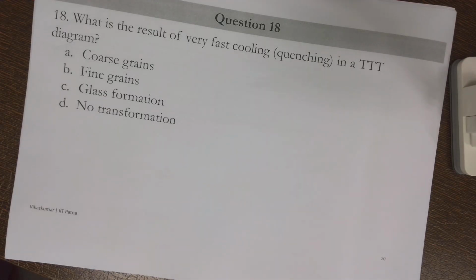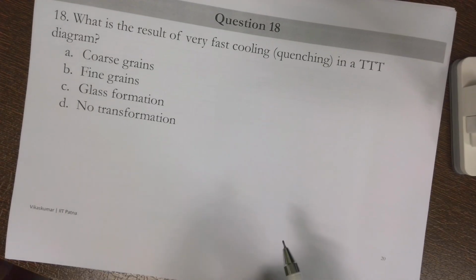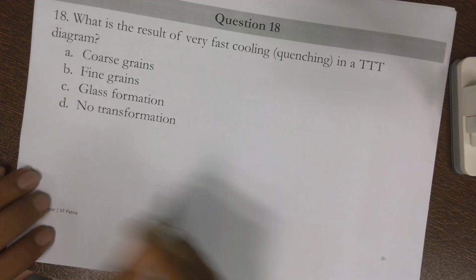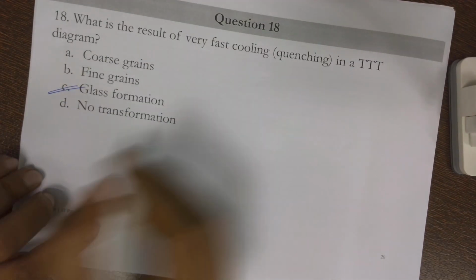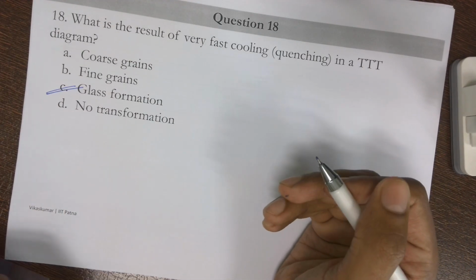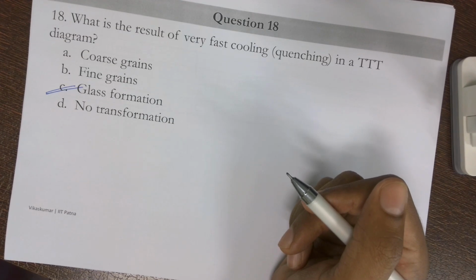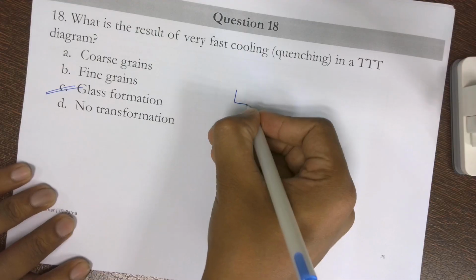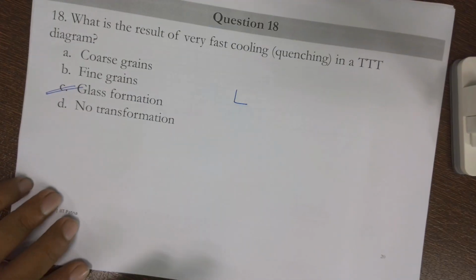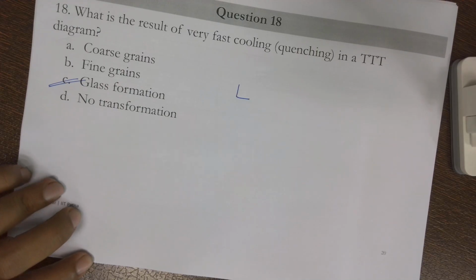What is the result of very fast cooling in the TTT diagram? Okay, this is something which we have discussed in the class. Glass formation, right? Very good. Like martensitic transformation or glass, if you are talking about metals and you are quenching it, the glass is being formed. What it means is that liquid doesn't have any symmetry, and long range order it doesn't have.